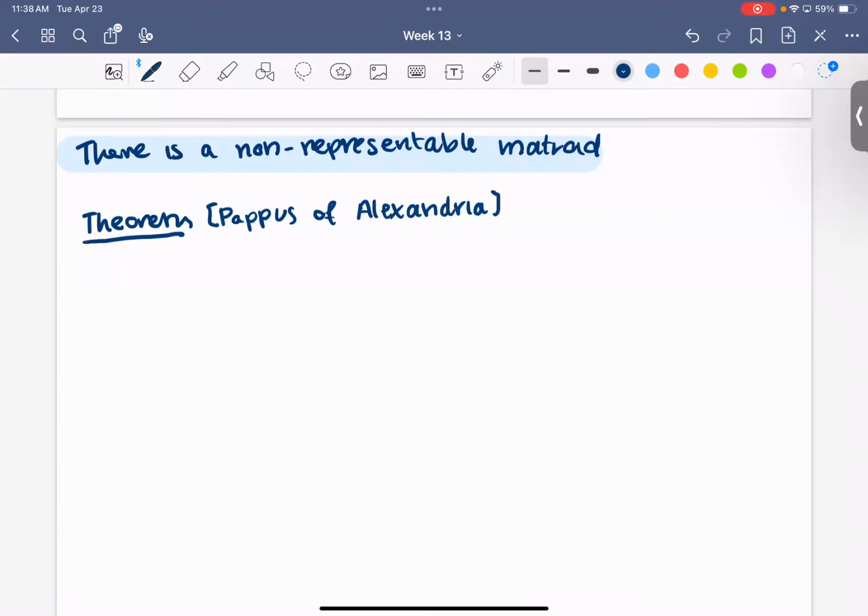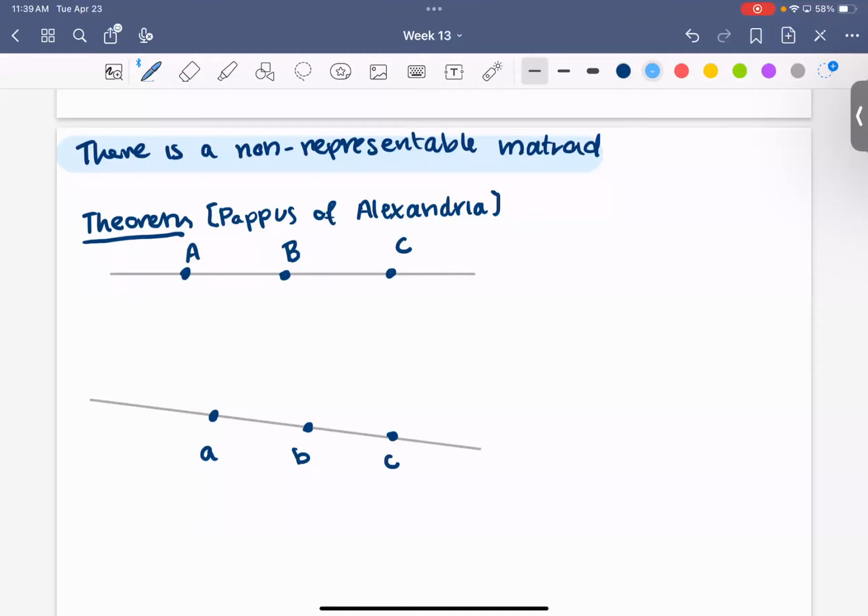And it says the following. If we have 2 lines, and we have 3 points on one of them, A, B, and C, and then we have any 3 points on the other line, little a, little b, and little c, then we're going to construct 3 other points as follows.